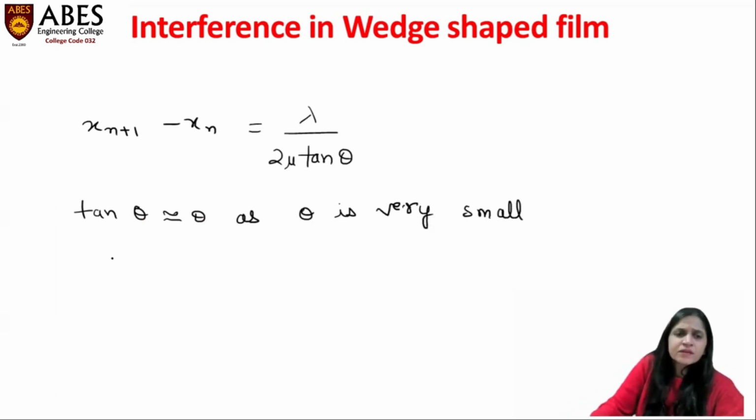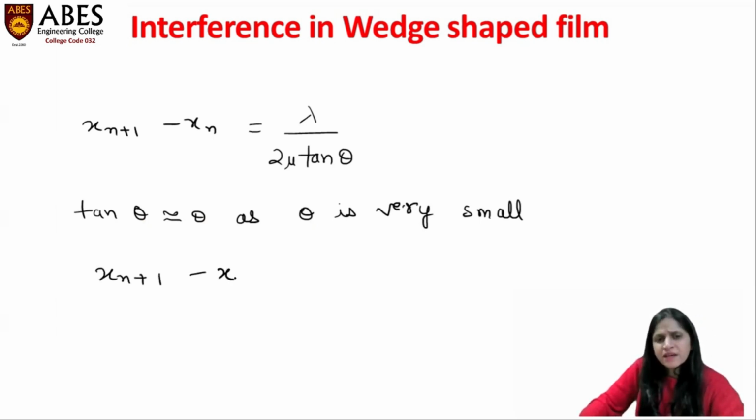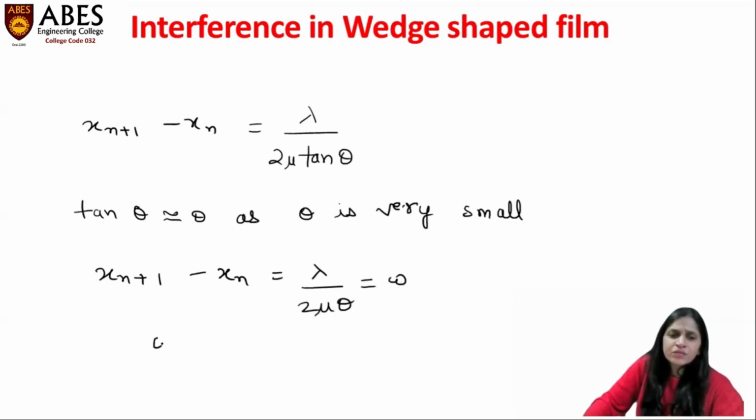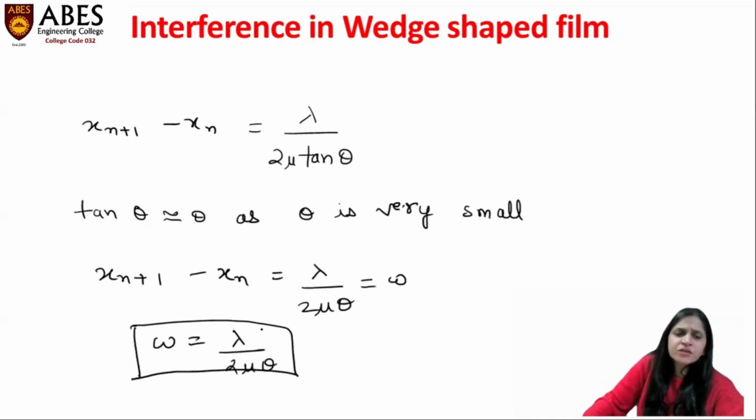Okay. So what is the formula now? xn plus 1 minus xn is equal to lambda upon 2 mu theta. That is equal to omega. So omega is equal to lambda upon 2 mu theta. So this is the derivation of fringe width.